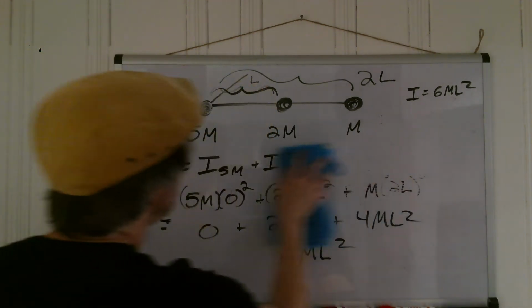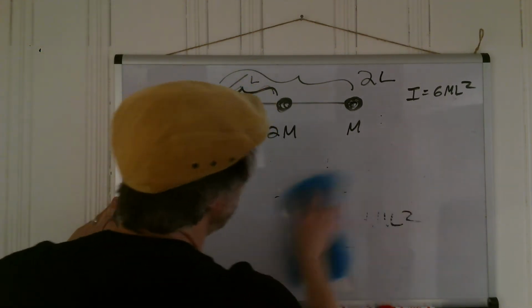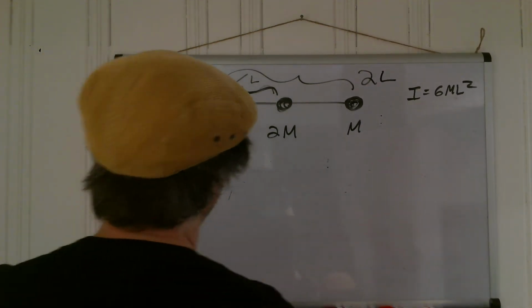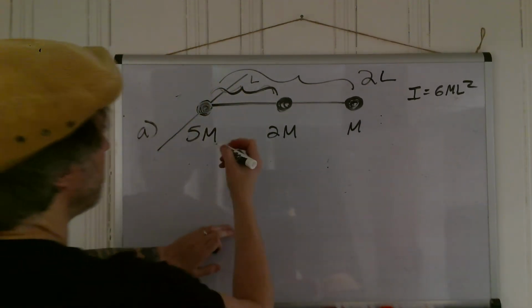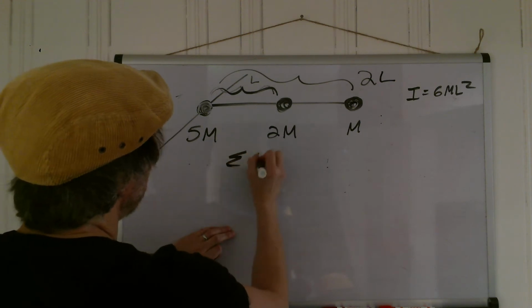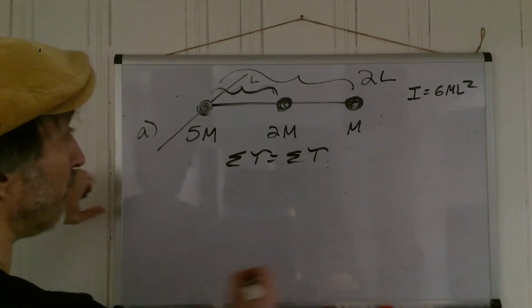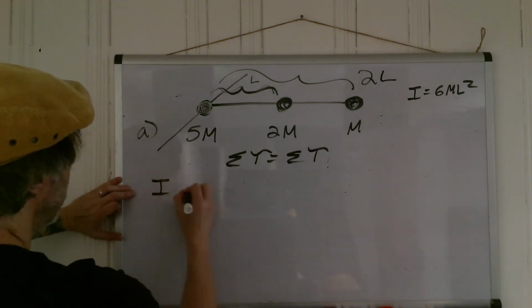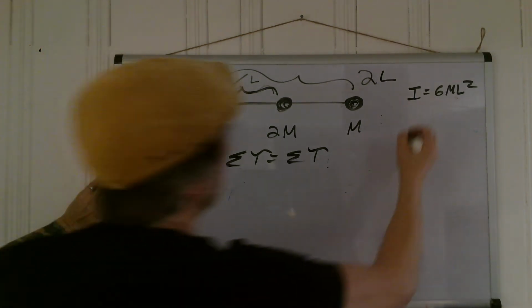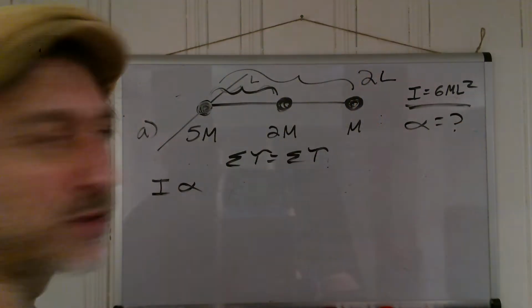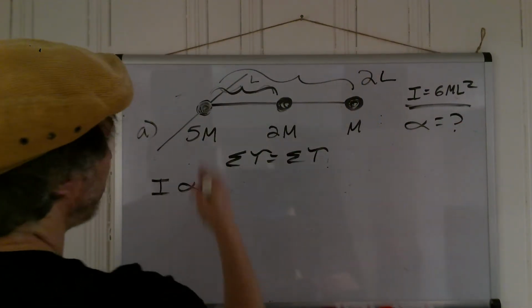So now what we need to do is find the angular acceleration. That angular acceleration is going to be dependent on the torque. So I'm just going to write a net torque equation. On one side of the equation, we've got I times alpha. We know our I, and we need to solve for alpha. On the other side of the equation, we've got our torques.